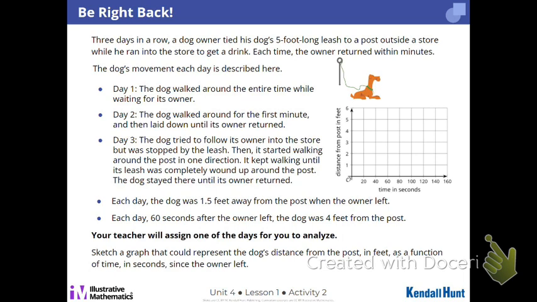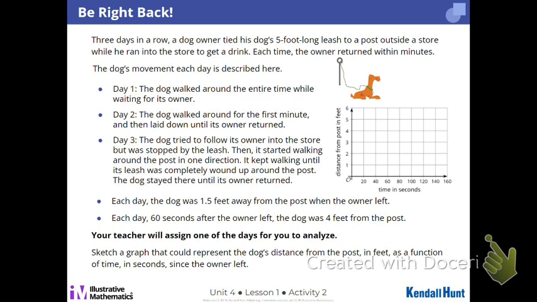Okay. In a moment, I will assign you one of these 3 days for the dog. This dog is tied up by a 5-foot leash outside a store as the owner goes in to get a beverage. You can't take dogs into stores usually. On day 1, the dog walked around the entire time while waiting for the owner. Day 2, walked around for the first minute, then laid down.